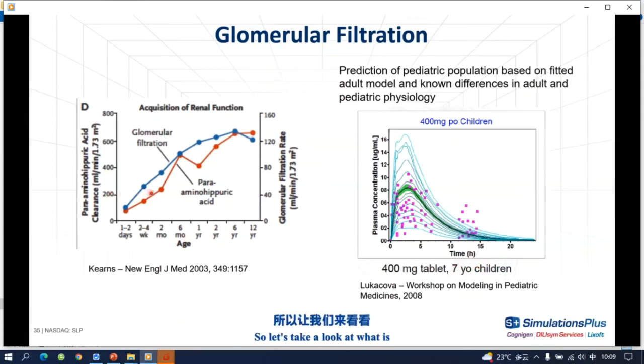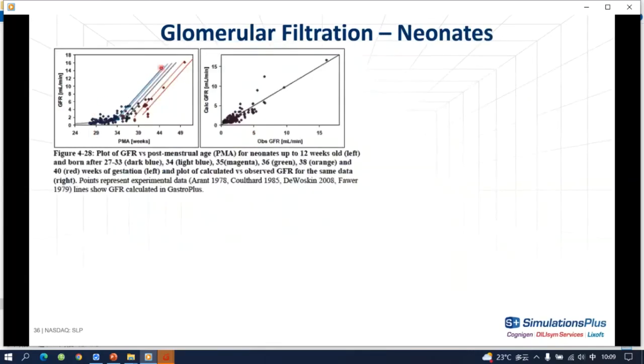So let's take a look at what is happening here within those first few days and weeks after birth. As shown on this plot on the left, the situation is not as easy, not as straightforward. What we are looking at here is the GFR versus post-menstrual age, so again lumping both gestational age and the postnatal age.